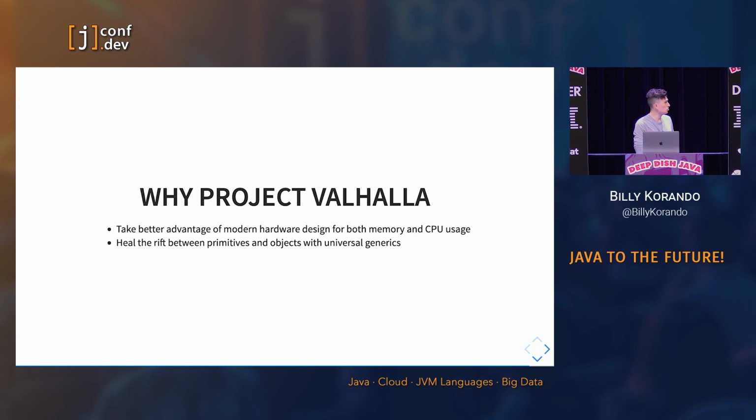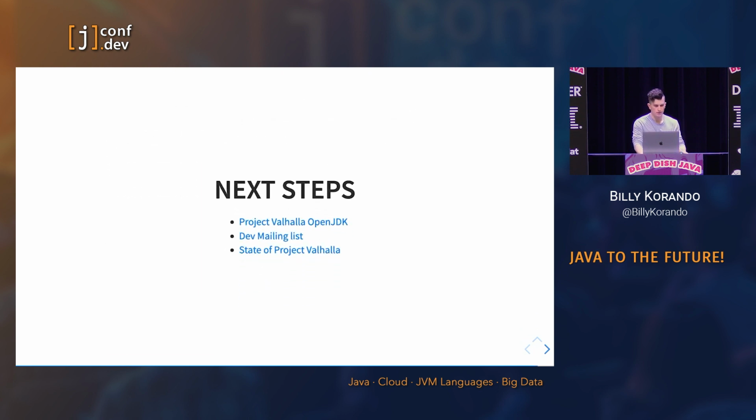Being able to write that as a primitive that disassociates reference and identity would allow for much faster computation than was possible before. And it was also about healing the rifts that often crop up within our code between primitives and objects with universal generics, and eventually then going on into specialized generics as well.